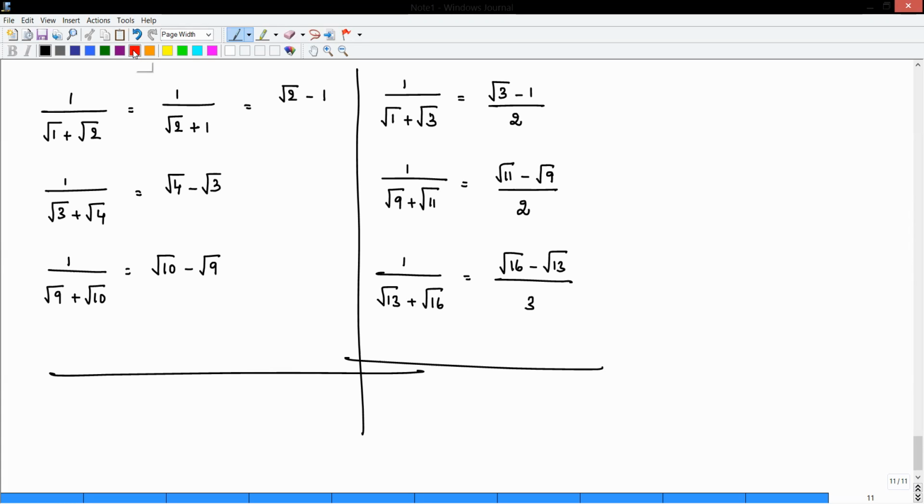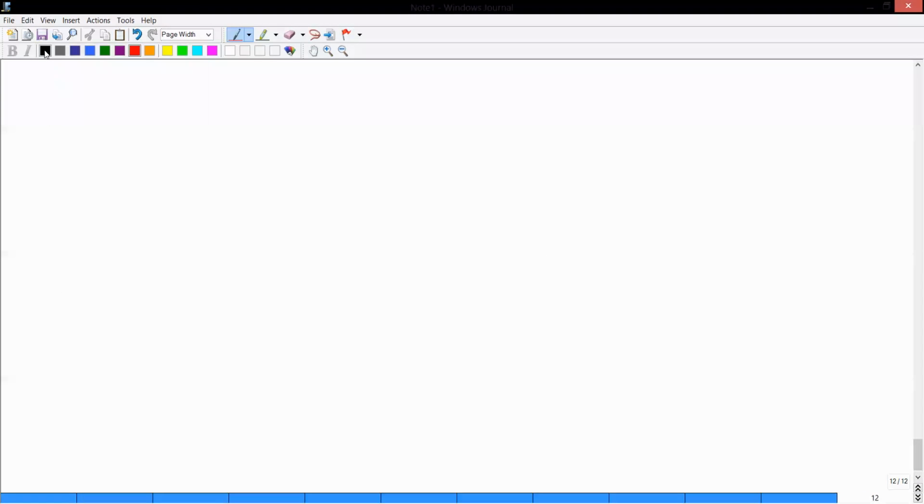So what is the use of it? You may get a question based on this. 1 by root 1 plus root 2.